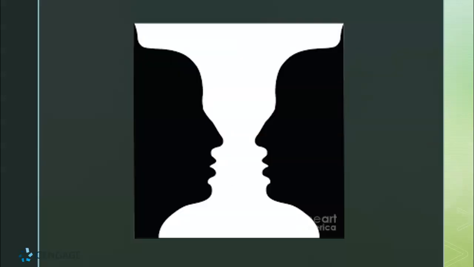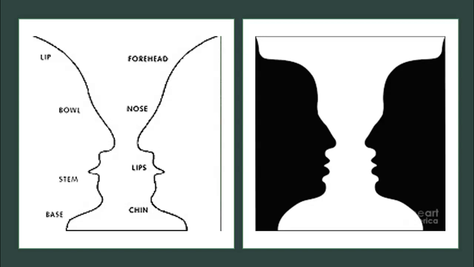If we take a look at this image, do you see a vase or do you see two faces? This is one of those where something can look like something else. The white is the vase.